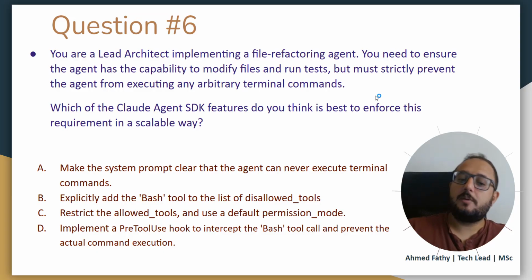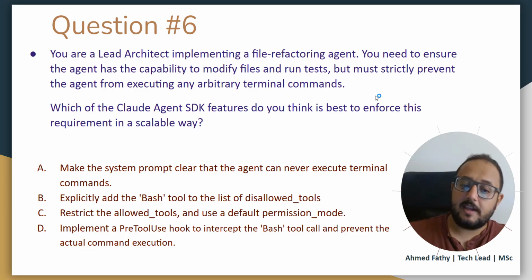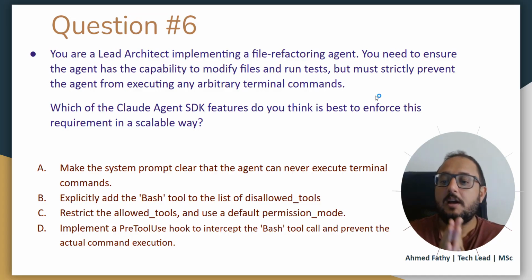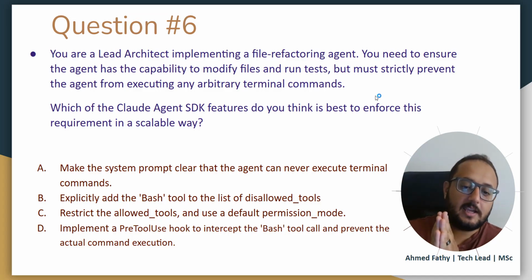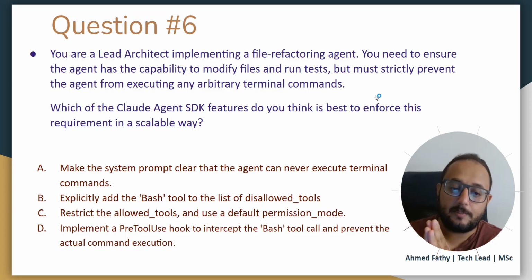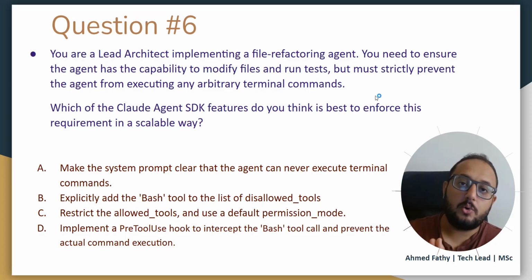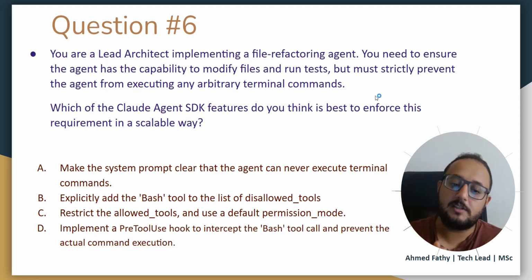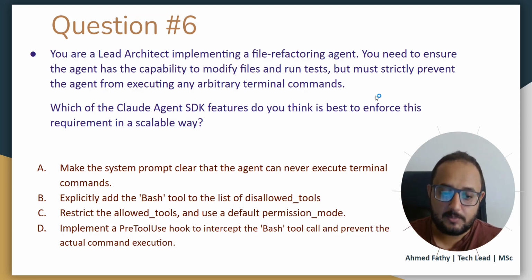Okay, now with question number 6. You are a lead architect implementing a file refactoring agent. You need to ensure that the agent has the capability to modify files and run tests, but must strictly prevent the agent from executing any arbitrary terminal commands. Which of the Claude Agent SDK features do you think is the best to enforce this requirement in a scalable way?